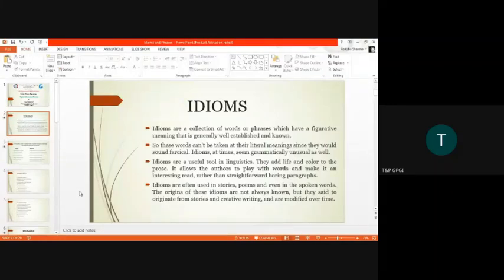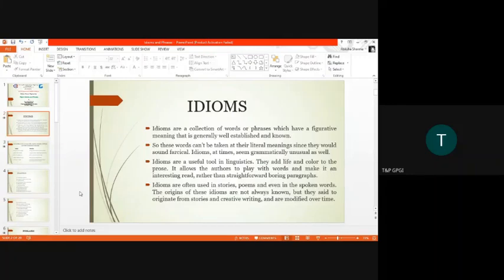So idioms are those collections of words which are well established out there. These words can't be taken at their literal meaning. Whatever we are writing as an idiom, you can't take that as it is. You have to think of the actual meaning behind that sentence or that idiom. So you can't take it literally.